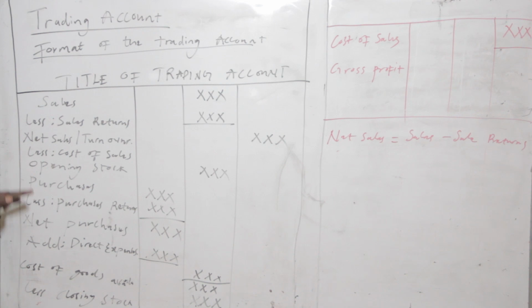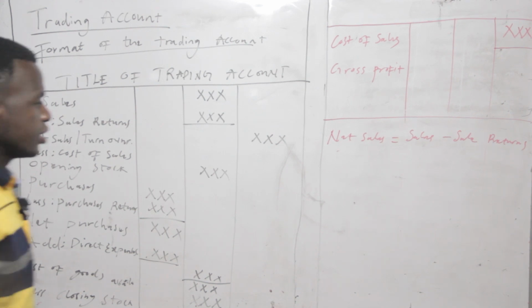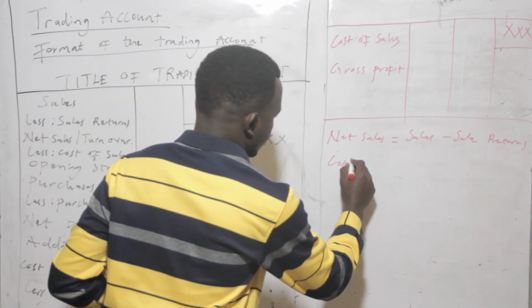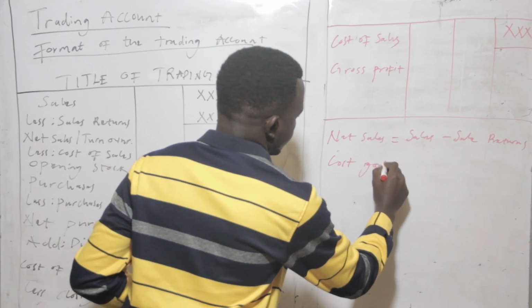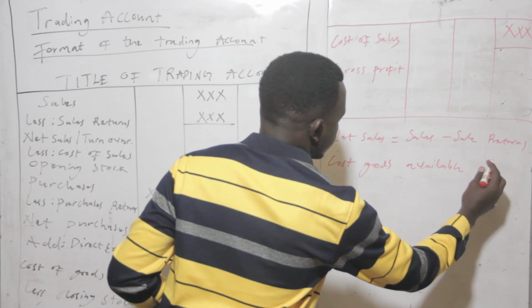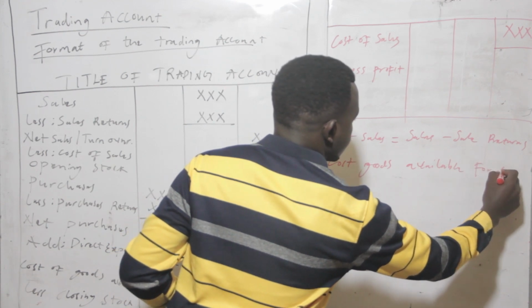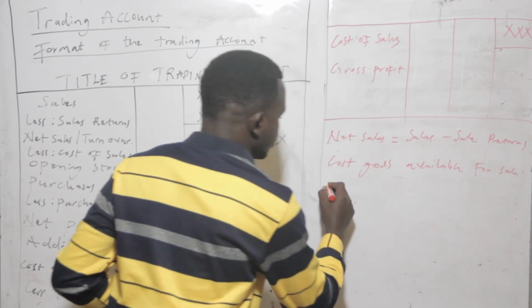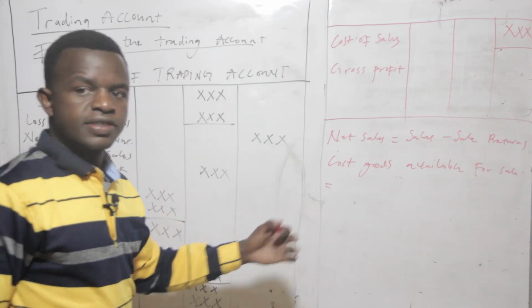We also said that we can calculate cost of goods available for sale. We said that we can use this formula.